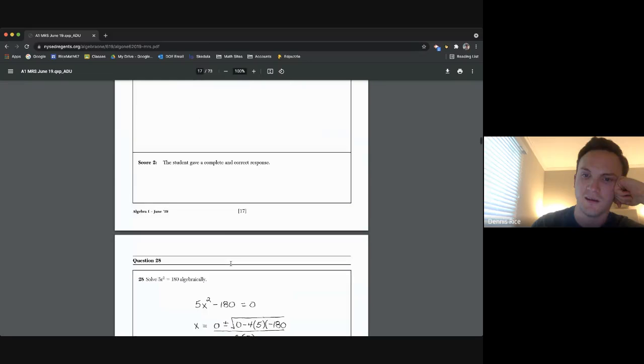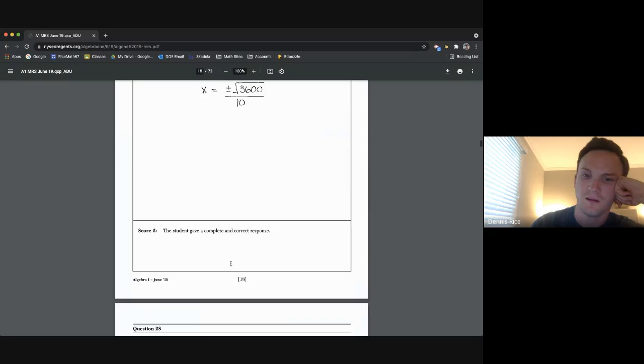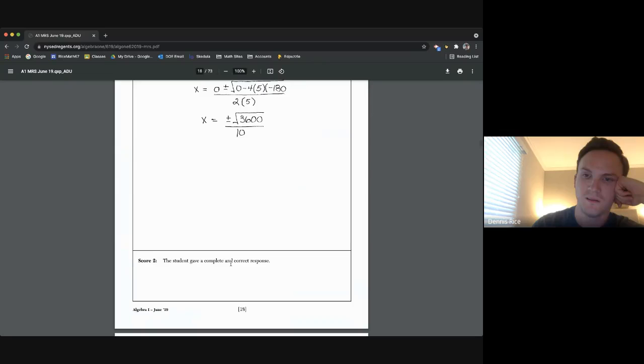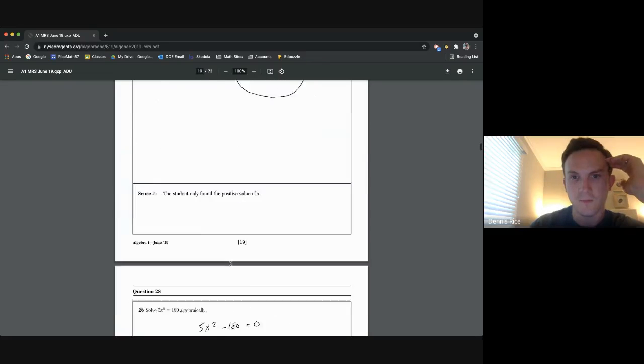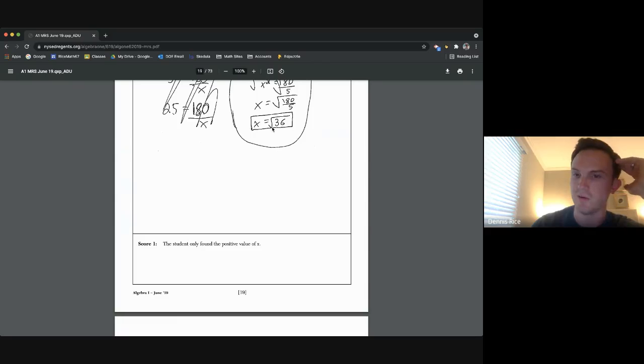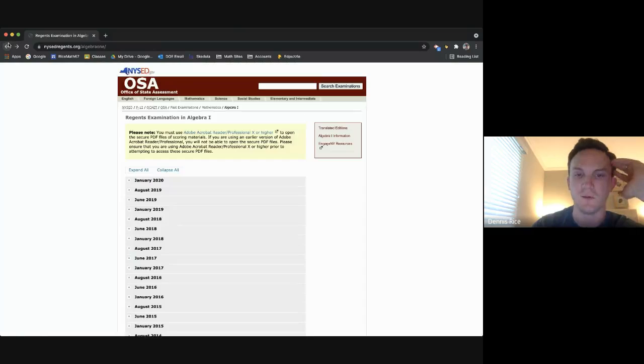Like this kid wrote the square root of 36 for that one that was plus or minus 6. I don't know who would do that, but 1 out of 2. So it's just kind of nice to see what gets what.